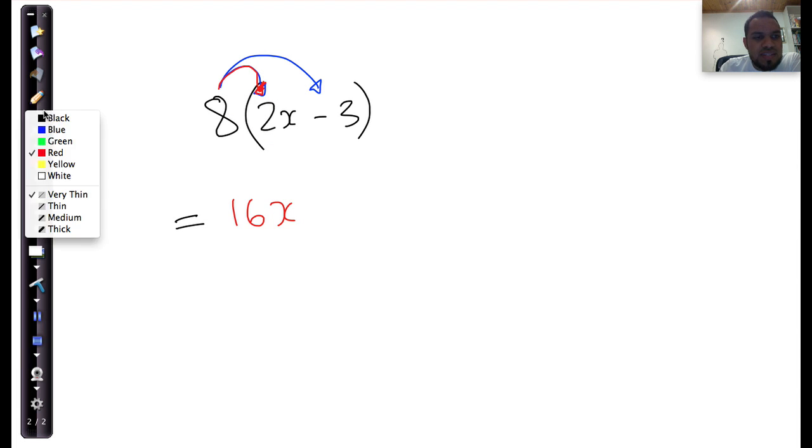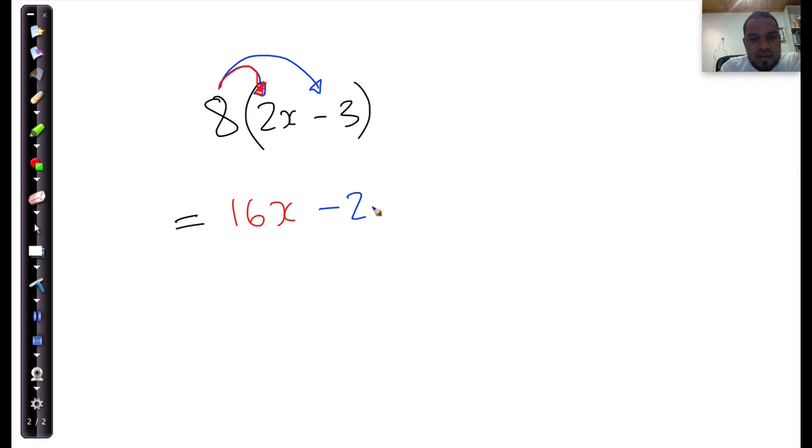And then a positive number multiplied by a negative number, positive times negative, is going to be negative, and 8 multiplied by 3 is 24.